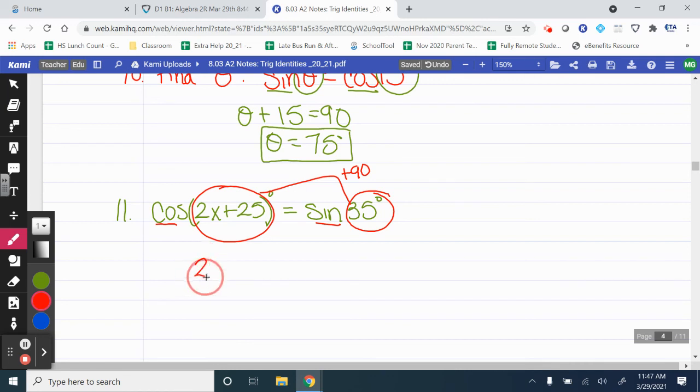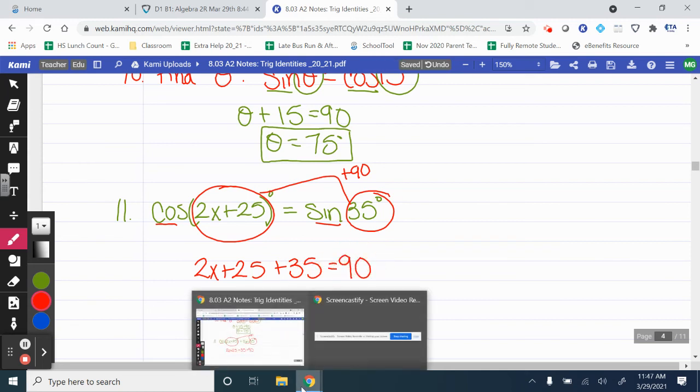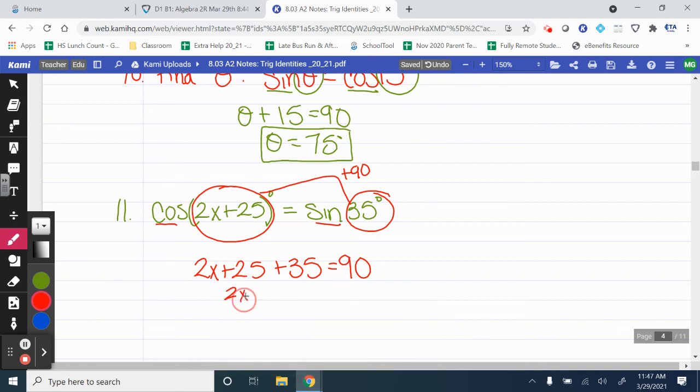So we take 2x plus 25 plus 35 and set them equal to 90 degrees. Pause your video, go ahead and solve. So we've got 2x plus 60. If we combine our like terms, 2x equals 30 when we subtract 60, and you should have gotten x equals 15.